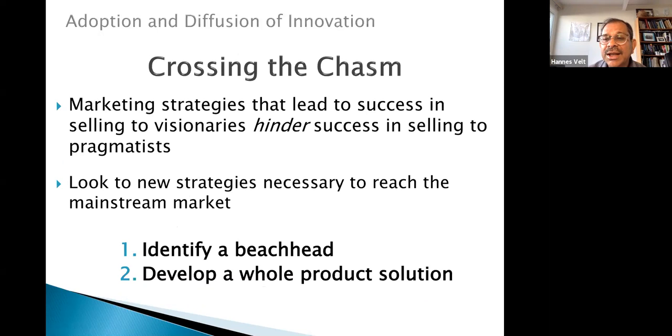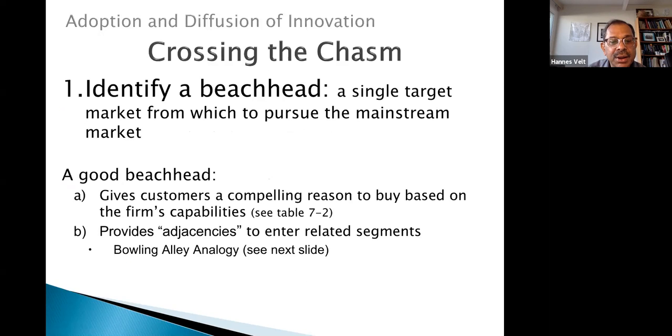The good news is that there is a strategy to get out of the chasm, and it's a two-step strategy: identify a beachhead and develop a whole product solution. So what's a good beachhead? A good beachhead is a small niche in the mainstream market, in the mass market. So it doesn't belong in the early market.